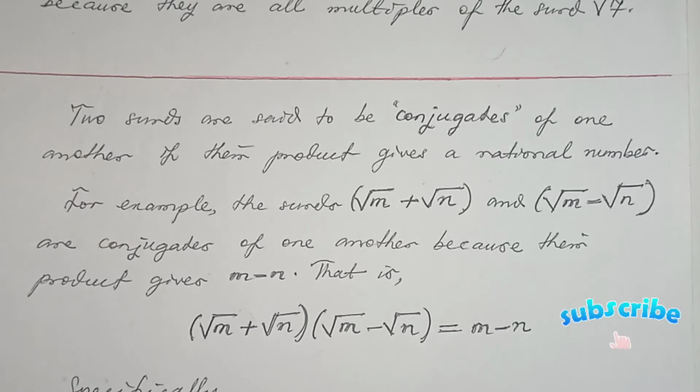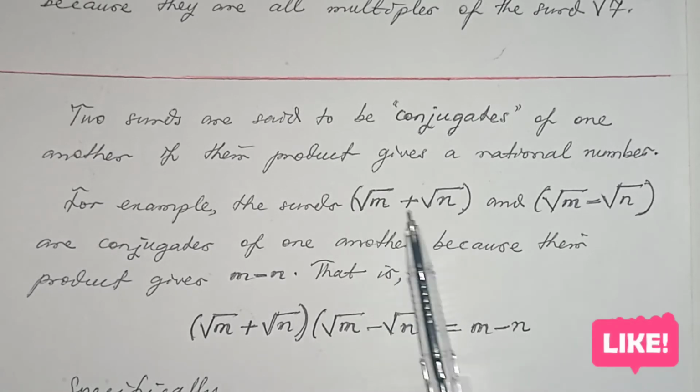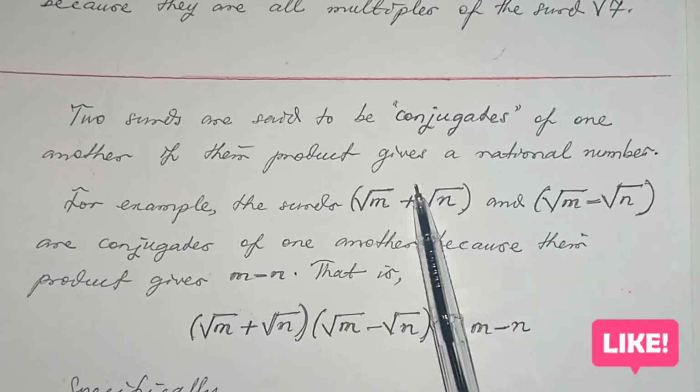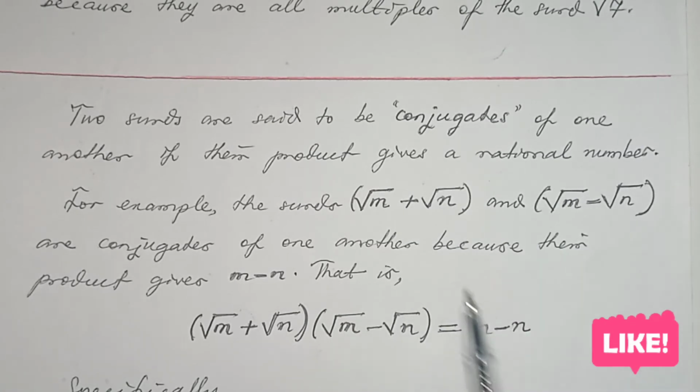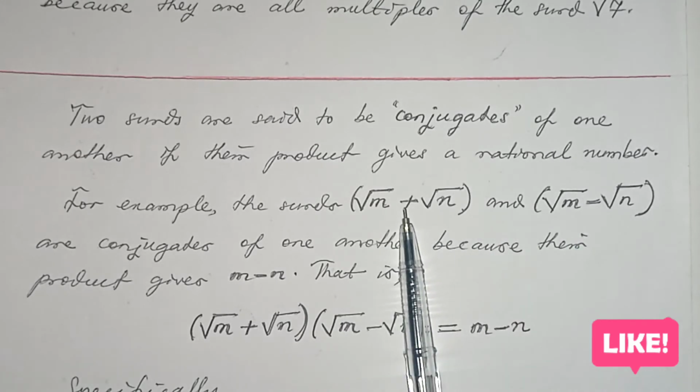Now let's start with a general instance of two sorts that could be conjugates of one another. So if you look at this, you will notice that I have here root m plus root n and root m minus root n. Multiplying both of them, you can simplify using the idea of difference of two squares.